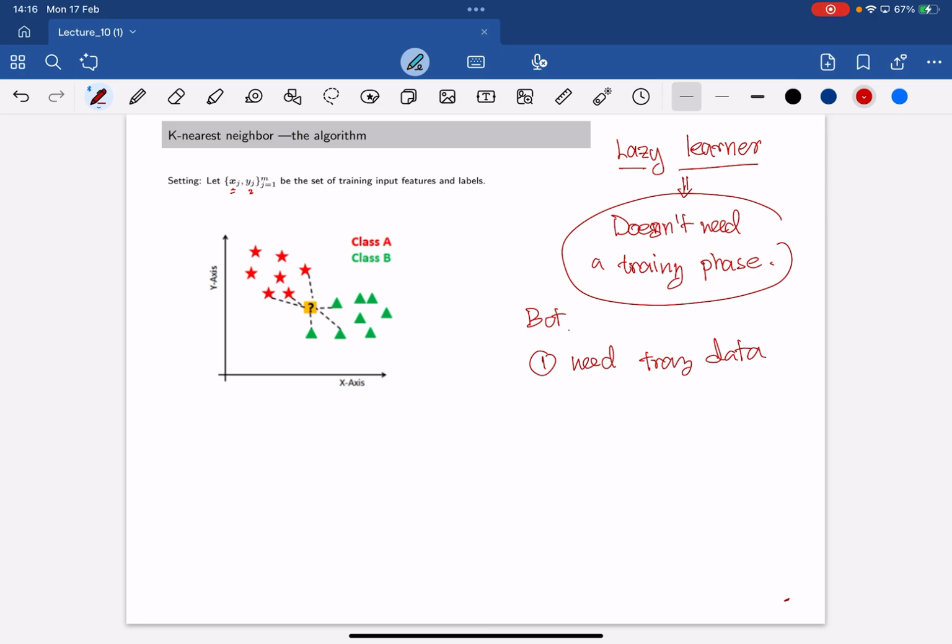For k-nearest neighbor, which is similar to those classifiers, the target will be the class label. So it needs a label as target because it's doing the classification task.